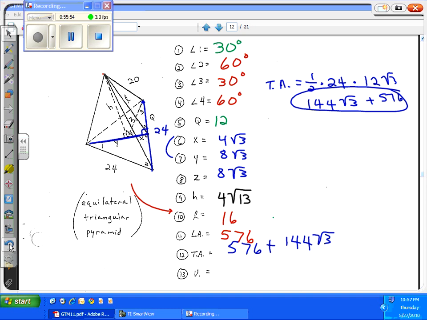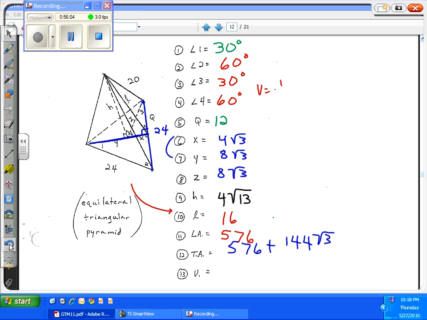And then the volume is a third of what it would have been had it been a prism. So volume is 1/3. Had it been a prism, it would have been area of the bottom. The bottom's a triangle. Area of a triangle is 1/2 base times height again. Height being the 12 square root of 3, which was the x plus y. 1/3, excuse me, of the area of the bottom.